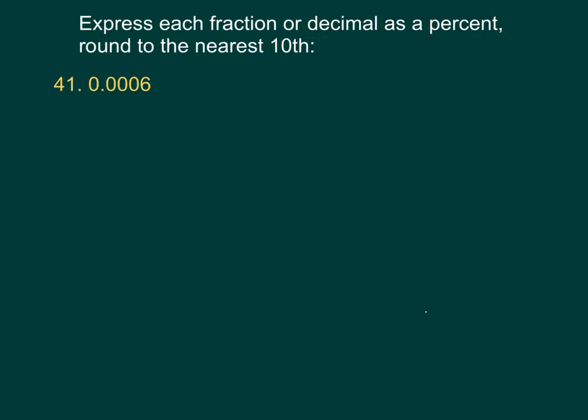The last one like this is 0.0006. If I multiply by 100%, I'm just going to move the decimal point over 2 spots. So this equals 0.06%.